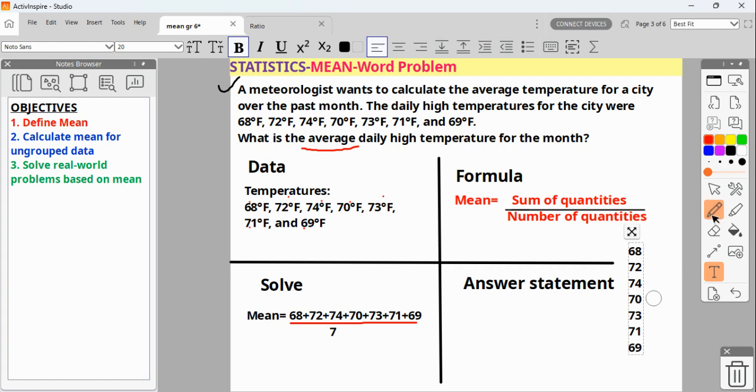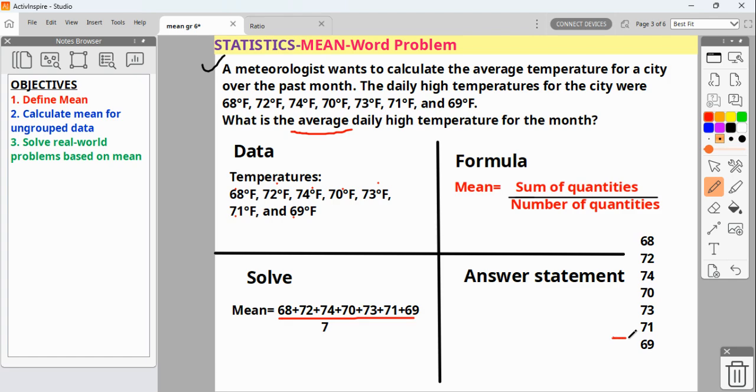When we add all these by writing in vertical form, it will be easy to add, and our answer will be 491. You can add and check.